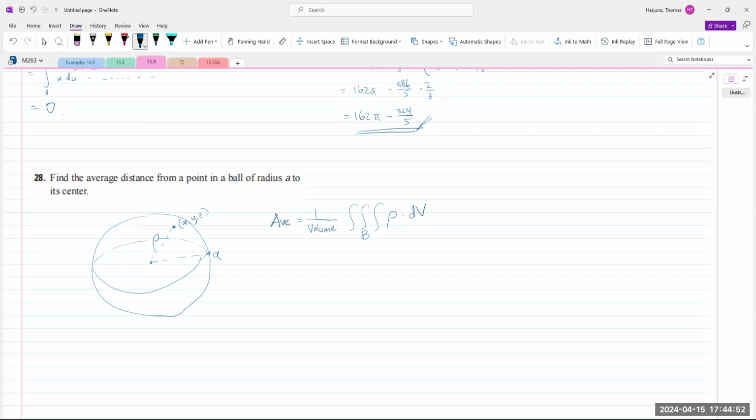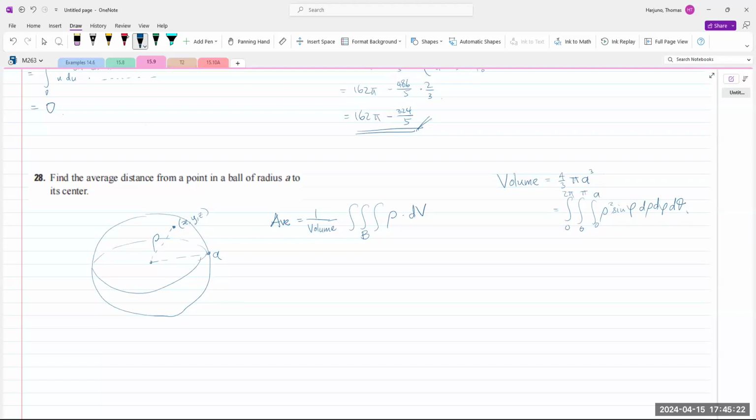By the way, the volume of a ball with radius, in this case a, will be 4 over 3 pi a cubed, which can be obtained by doing this triple integral, 0 to 2 pi, 0 to pi, 0 to a, rho squared sine phi d rho d phi d theta.